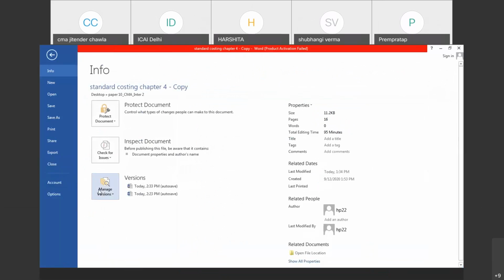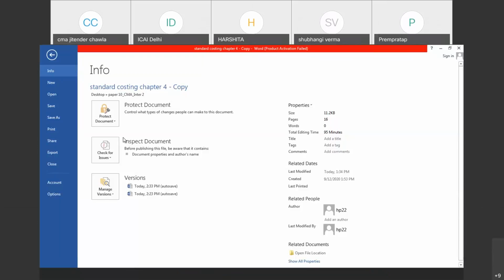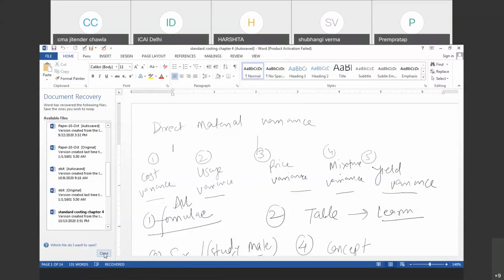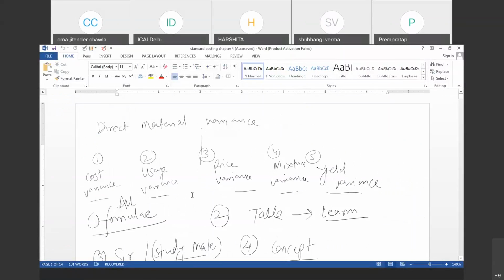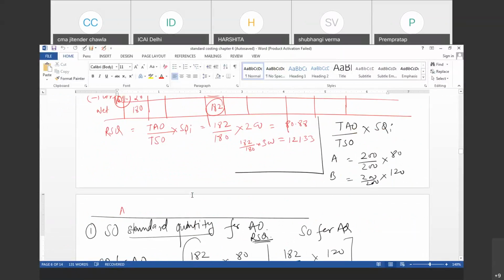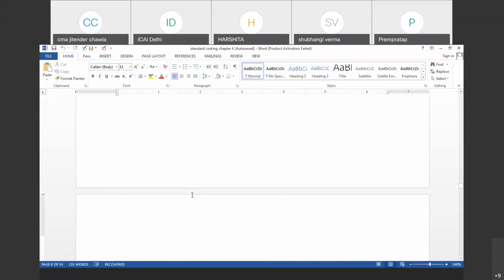Screen is visible now. Okay. So better, can I move to next question and prepare a new table?